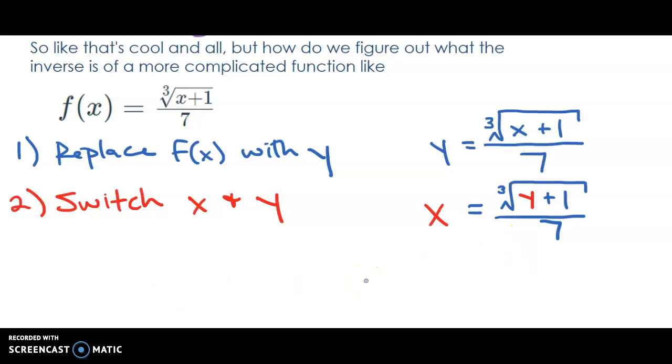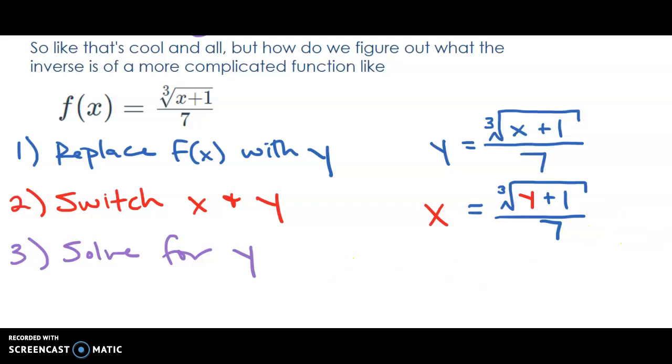And when we do that, that sets us up for our third step, which is to solve for y. When we solve for y, that equation that we get is going to be our inverse of f of x.